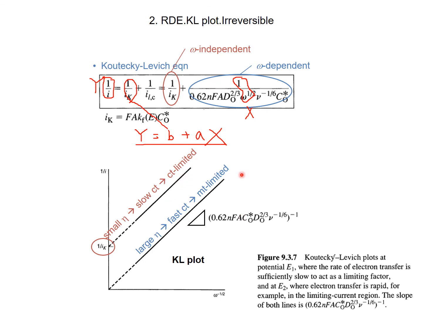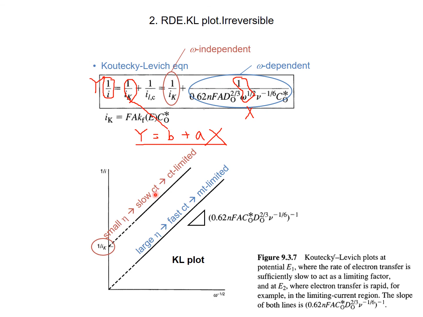The slope is the same according to the Koutecký-Levich equation. However, the y-intercept changes from the origin to some value because at small eta, the Koutecký current or kinetic current has some value.